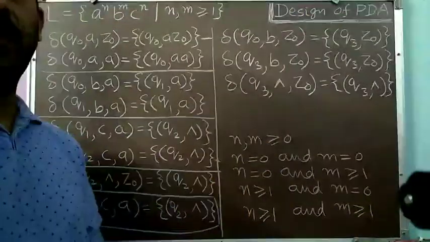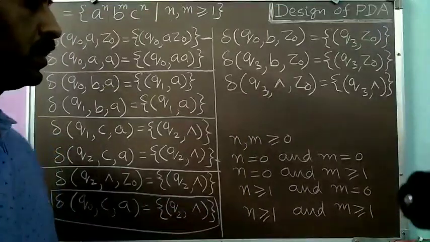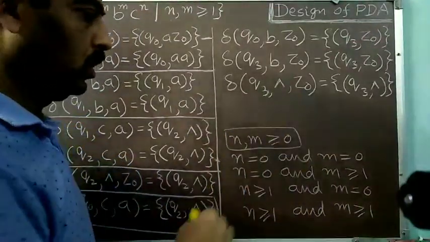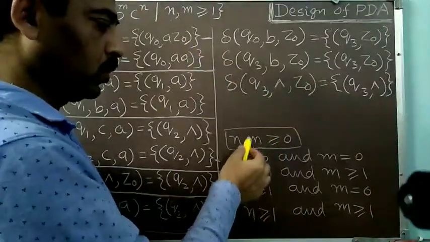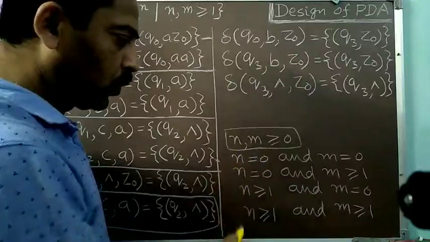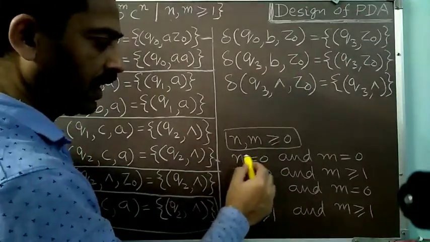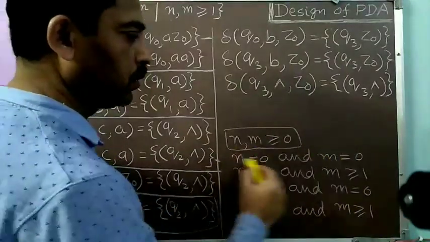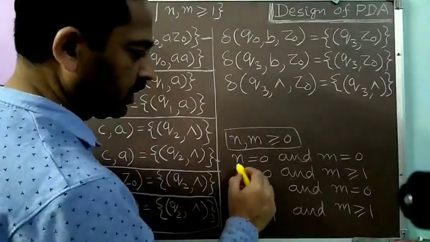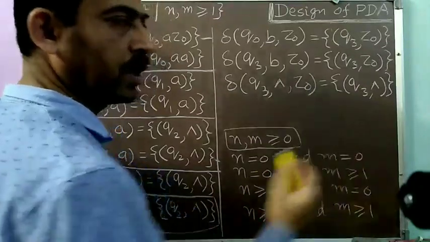Now come to the third variation of this, when n and m both are greater than or equal to 0. As per the previous example also, this can be broken down into 4 conditions. These 4 conditions are: n equal to 0 and m equal to 0, means both n and m are equal to 0. Second condition is n equal to 0 and m greater than or equal to 1.